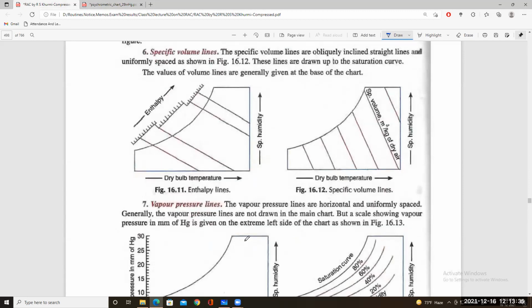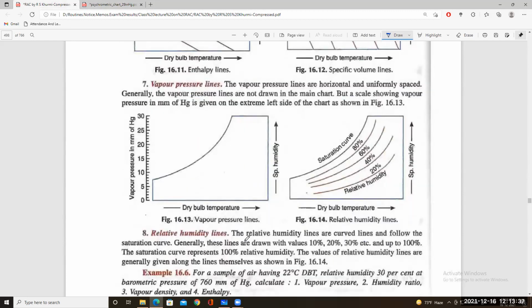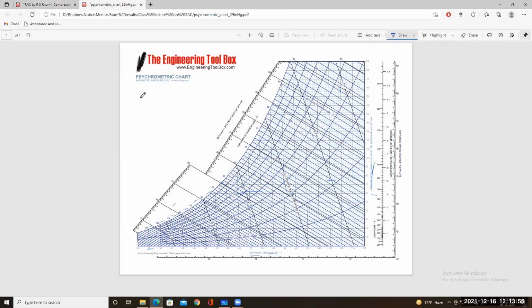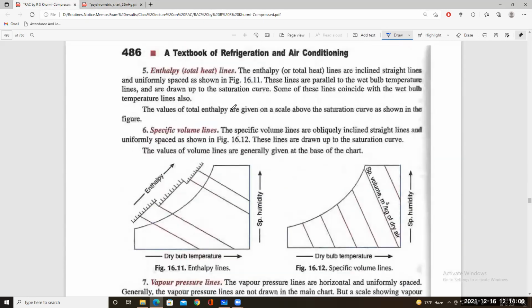Next, vapor pressure line. Vapor pressure lines are horizontal and uniformly spaced. Generally, the vapor pressure lines are not shown in the main chart, but a scale showing vapor pressure is given on the extreme side of the chart, as in the figure. This is the vapor pressure line, which is given on the extreme side of the chart.